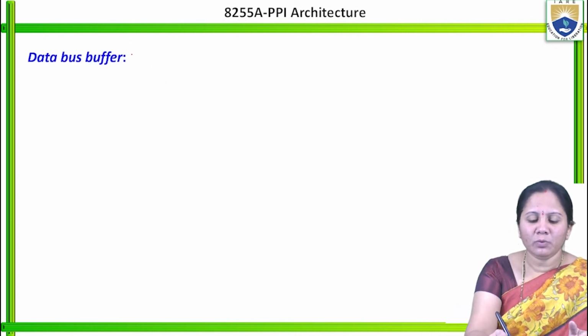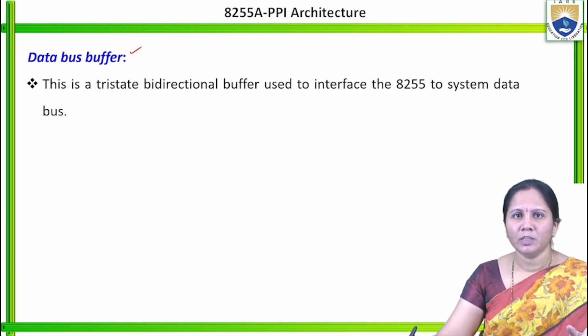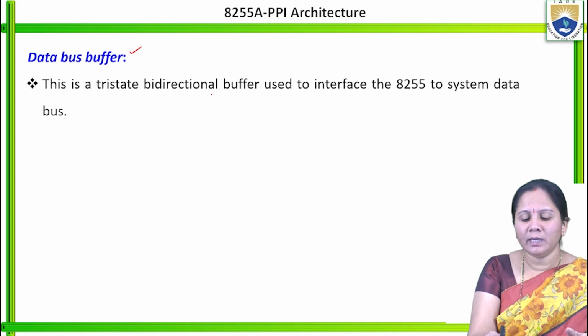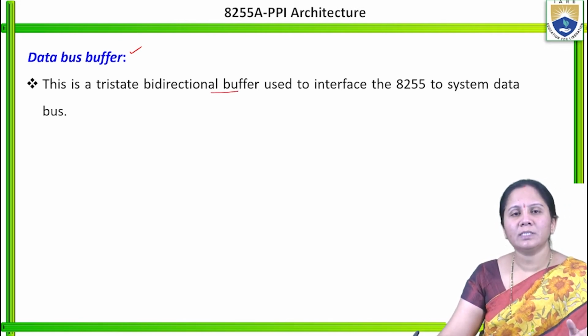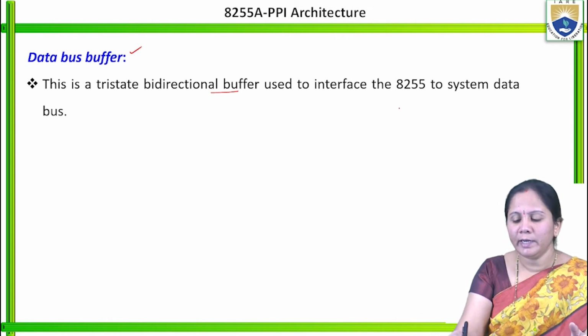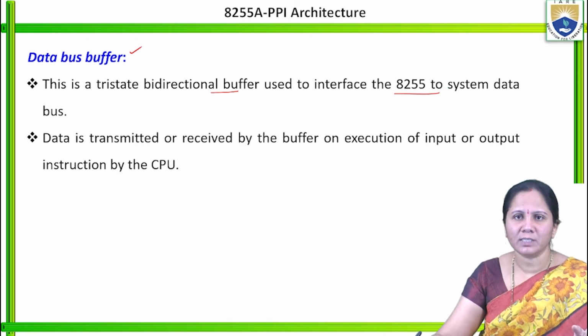Now, coming to the first block, that is data bus buffer. Here, this is a tri-state bidirectional buffer. So the D0 to D7 lines that are connected to this data bus buffer are used to interface 8255 to the system data bus.